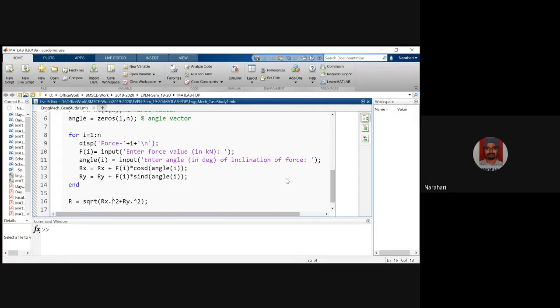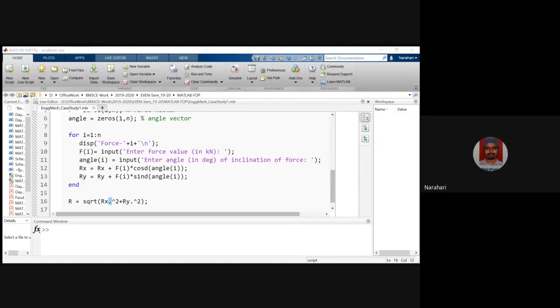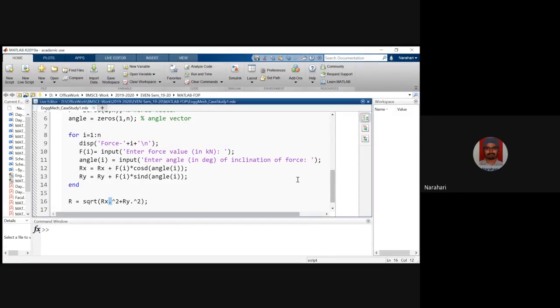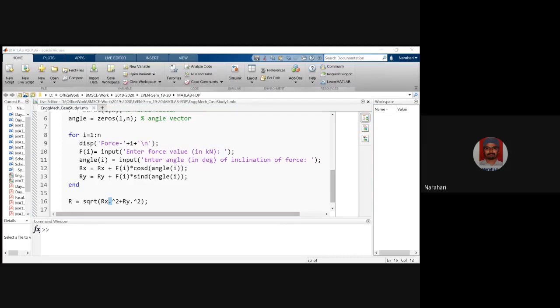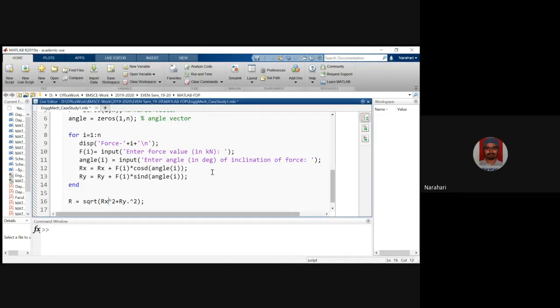Should I do Rx dot cap square cap 2, or just Rx cap 2? What should be the thing? When do we use this dot operator? What happens if I don't use this dot here? Abhiram is saying that I should do Rx dot cap 2.